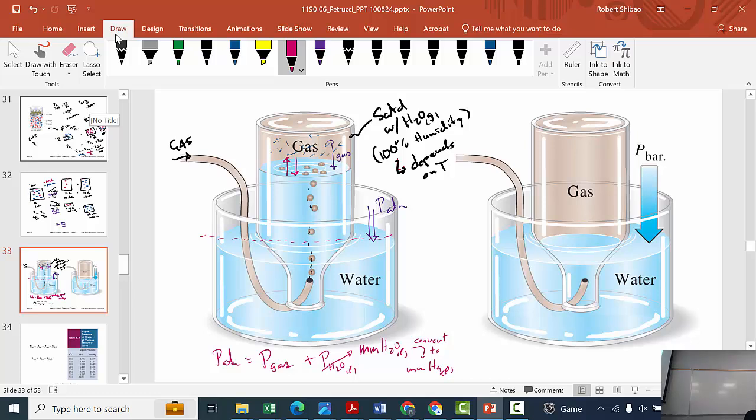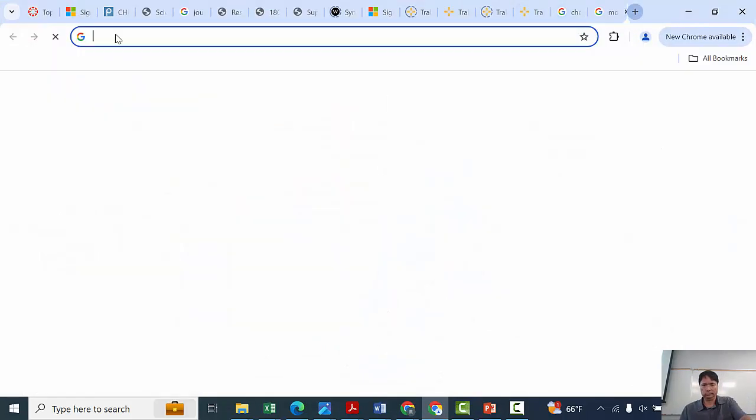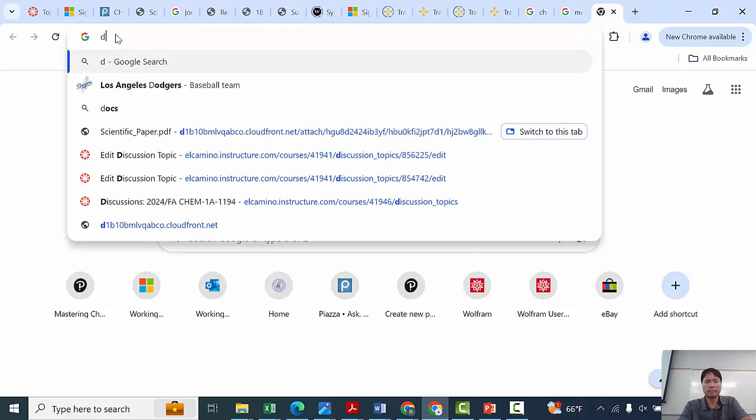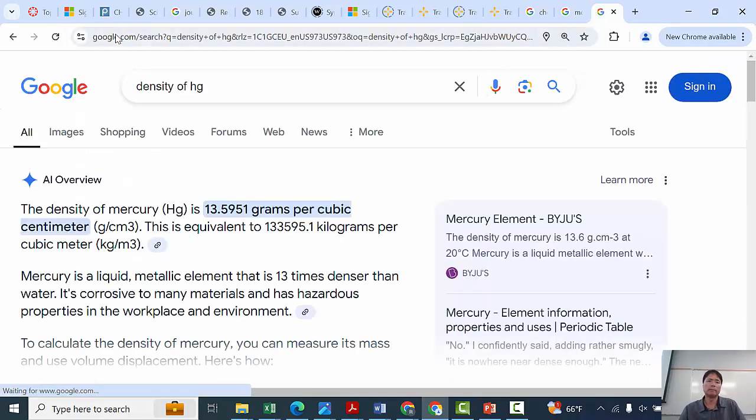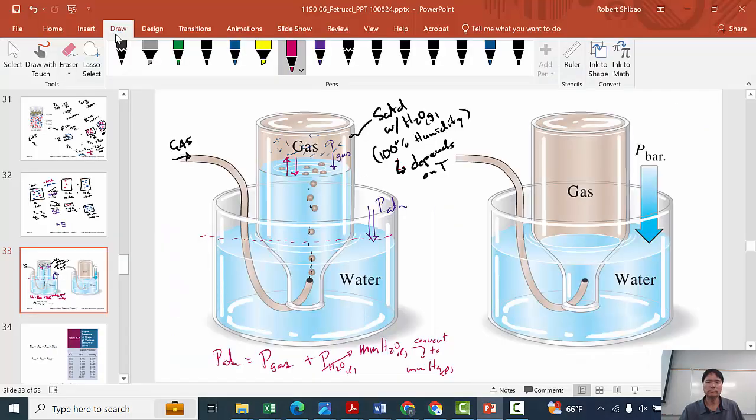How we do that is we take advantage of the density. The density of water is about 1. The density of mercury is like 13. Let me get the density of mercury to more sig figs. I don't have it memorized. 13.6. So if I have this much water, I'd need 13, actually, let me do this the other way.